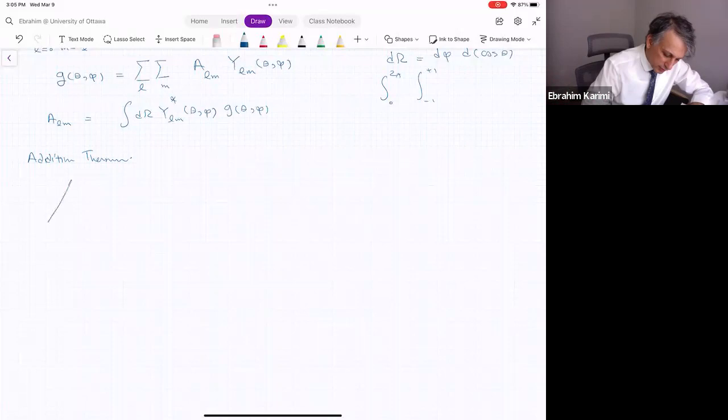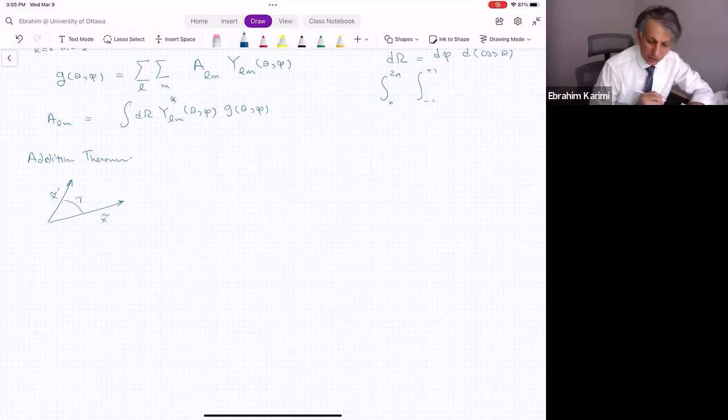Assuming that you have two vectors in space, one of the vectors is x prime, the other vector is x. What is the angle between these two? Let's call it gamma.